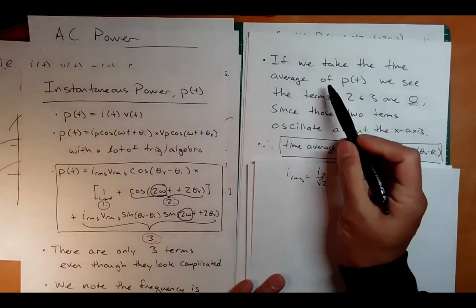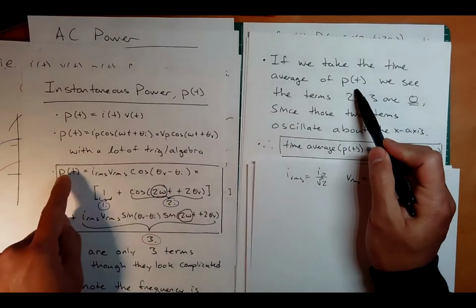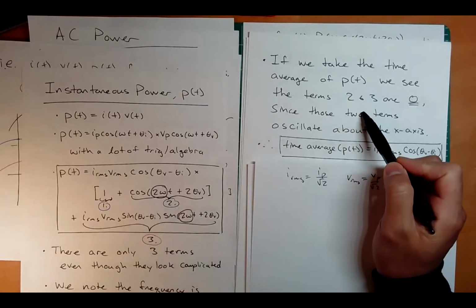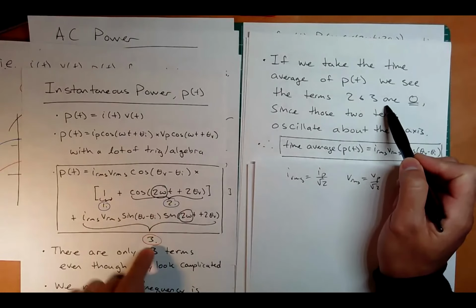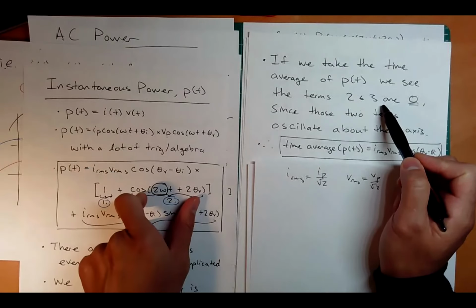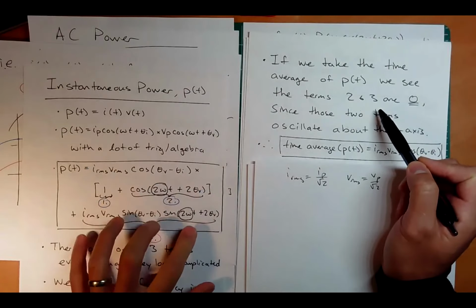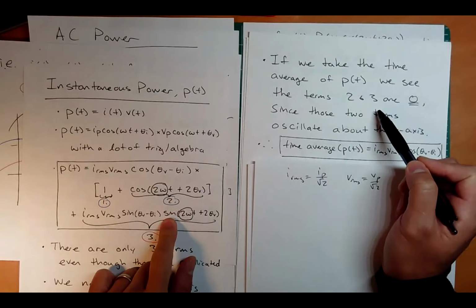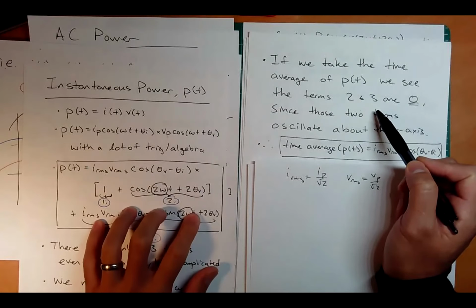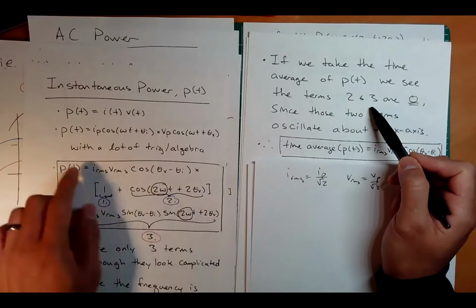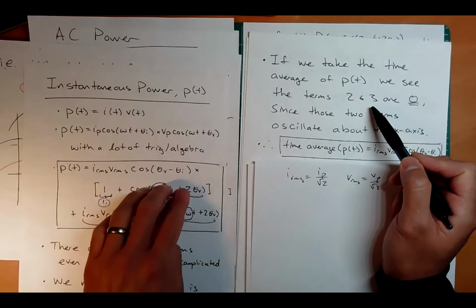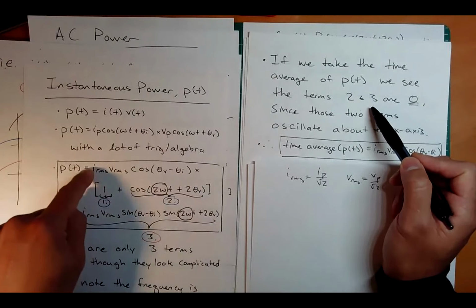What else do we see? If we take the time average of this, we see that terms 2 and 3 are 0. If you take the time average of cosine, because it oscillates, it has equal parts positive and negative, so that's 0. If you take the time average of sine, we have equal parts positive and negative, so this is 0. So the time average of this entire thing has 0, 0, and 1 times this.